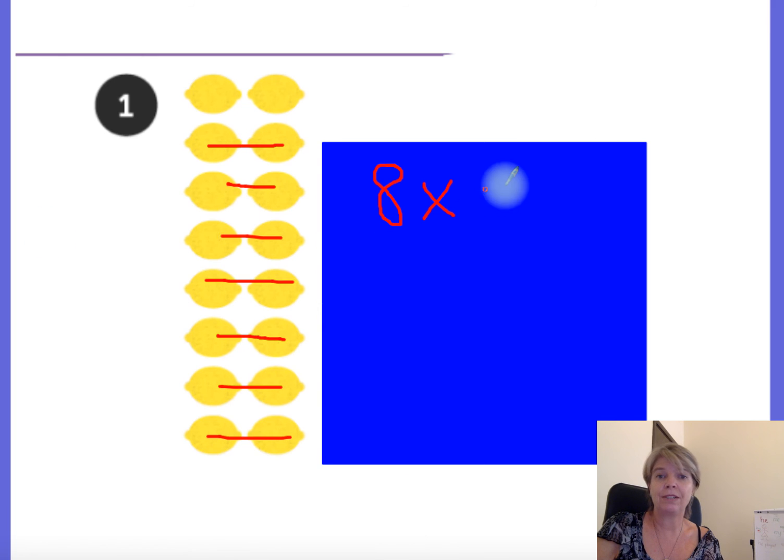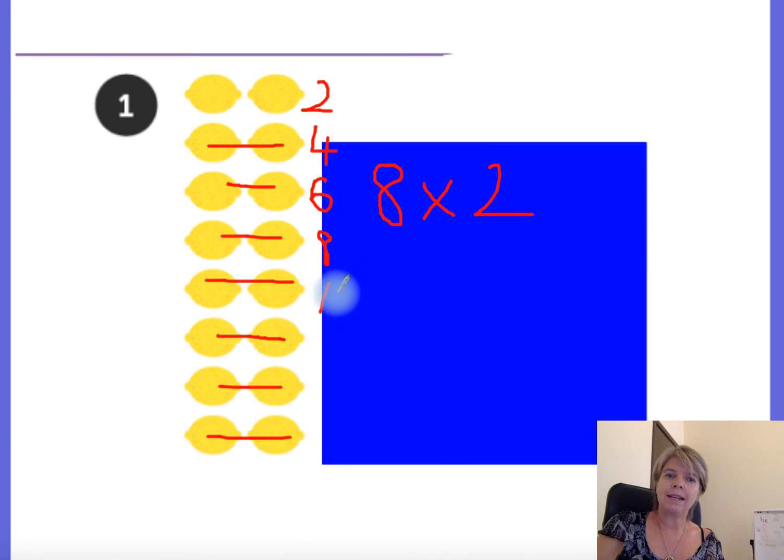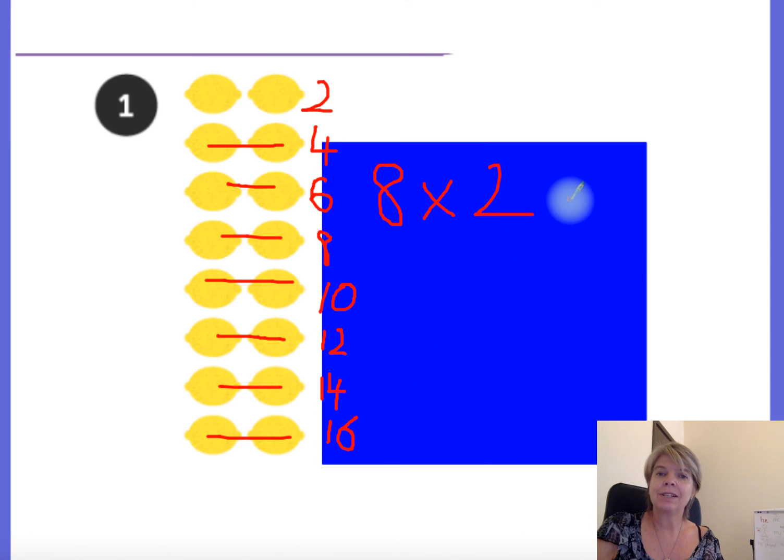There are 2 lemons in each row. So let's count in twos. We go 2, 4, 6, 8, 10, 12, 14, and 16. So what will the answer be? 8 times 2 is 16.